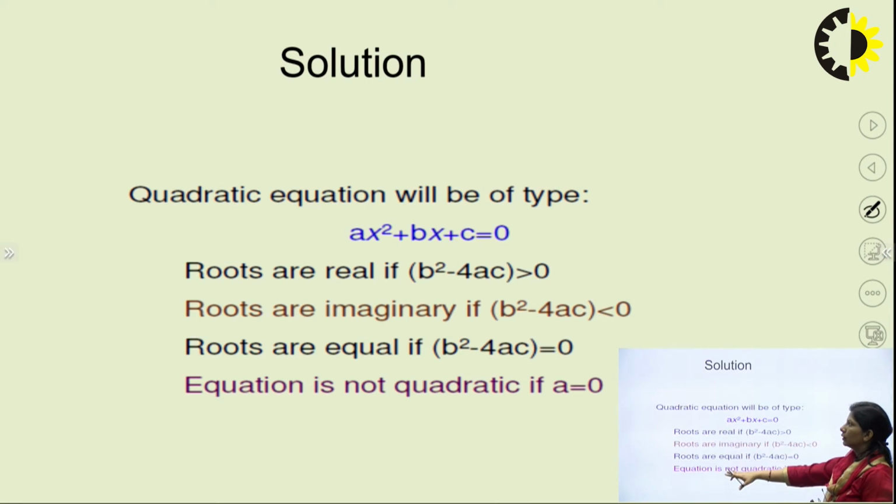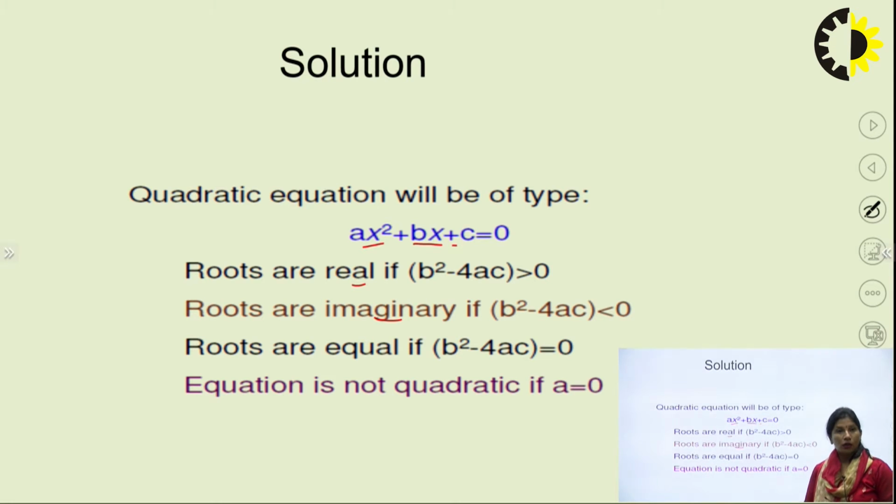This is the quadratic equation: ax square plus bx plus c is equal to 0. Roots are real if b square minus 4ac is greater than 0. Roots are imaginary if b square minus 4ac is less than 0. Roots are equal if b square minus 4ac is equal to 0.